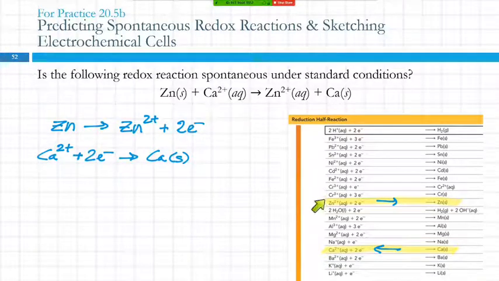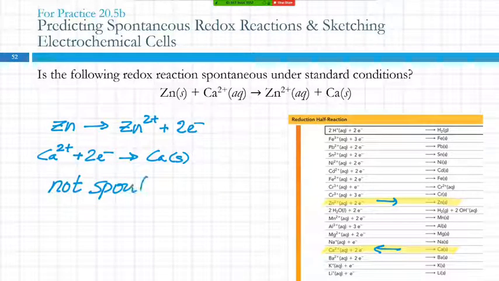The way the table works is if the higher one is going in the forward direction and it's paired with something below going in the opposite direction, it'll be spontaneous. But here I've got the opposite going on. This is not spontaneous. It's water flowing uphill. It's not going to happen.